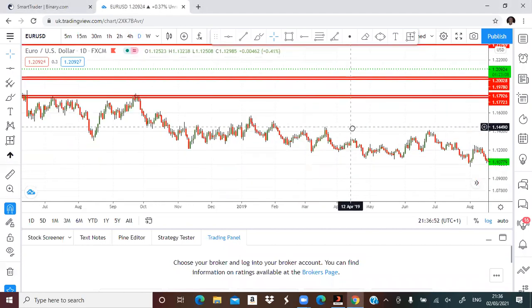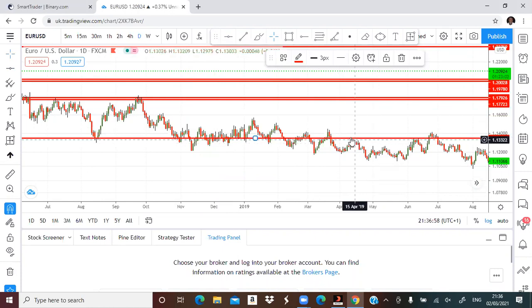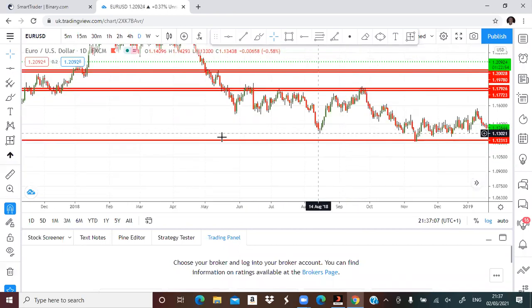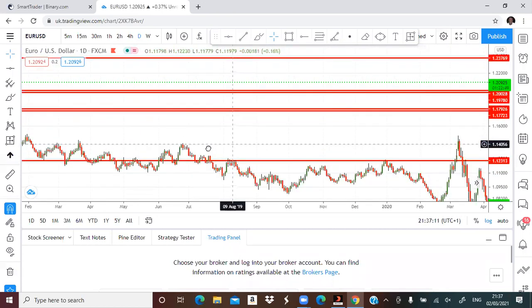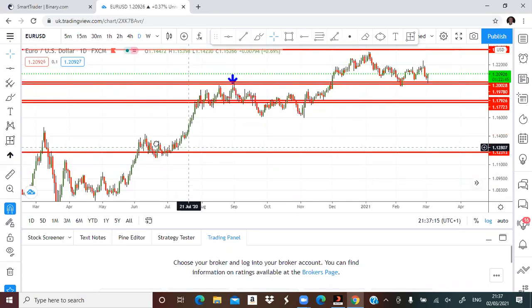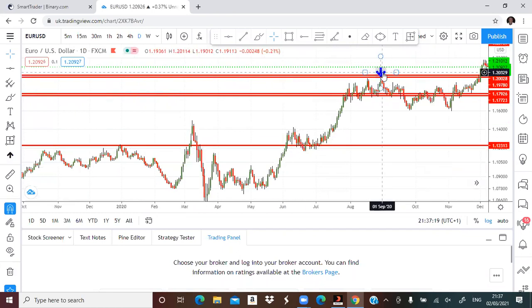Now let's go back again to see and identify another zone. This is a zone. How many of you will agree with me that this is a zone? Now, for you to identify this zone, you go back. Price is history. Look at it. It is a zone. How many of you agree with me that this is a zone? Look at price here.